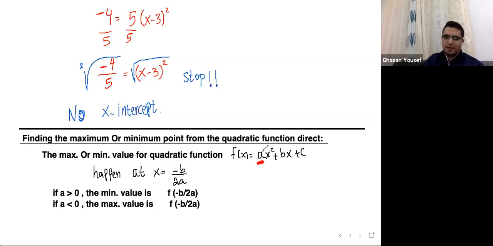If this a is negative, the function has a maximum value, f of minus b over 2a. So we don't have to change the function to the standard form. We can use this step directly. I'm going to give an example, and I will show how we can find the maximum and the minimum value directly.